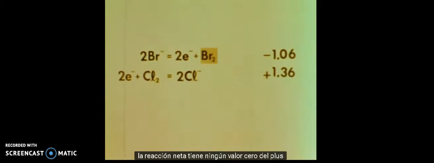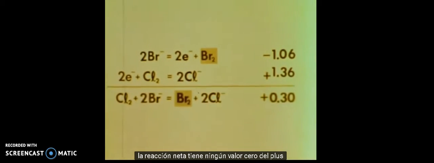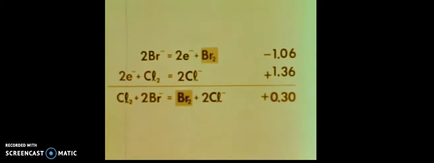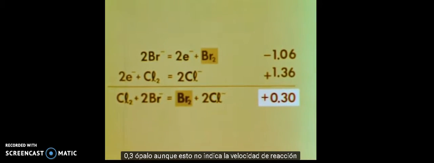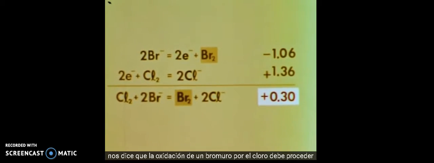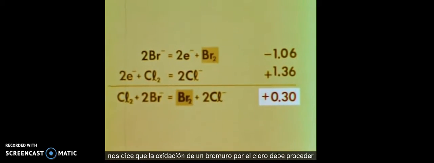As before, we calculate the E0 value of the overall reaction. The net reaction has an E0 value of plus 0.30 volts. Although this does not indicate the rate of reaction, it tells us that the oxidation of bromide by chlorine should proceed.